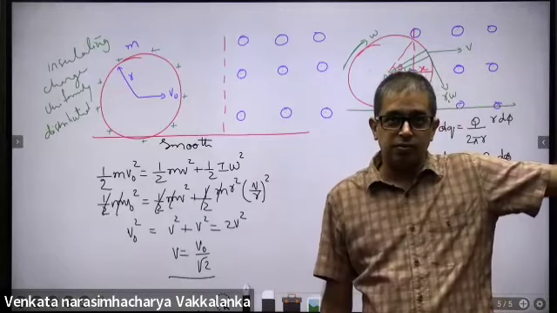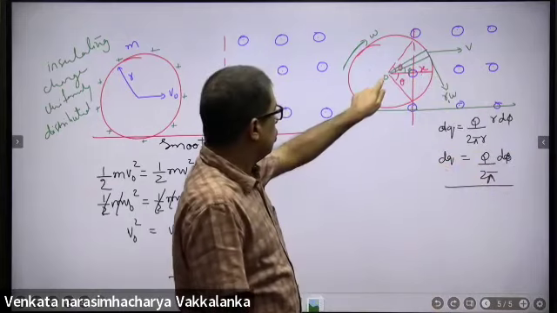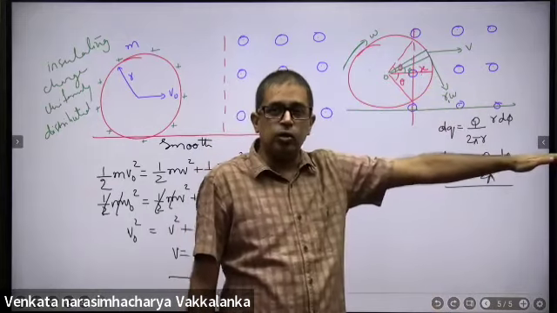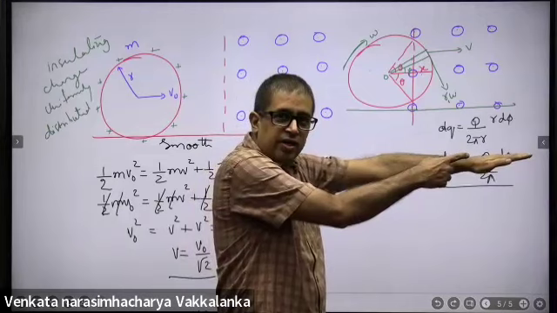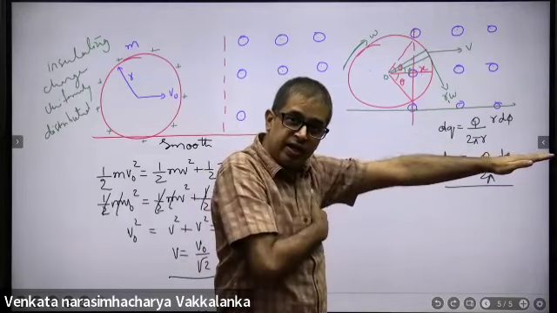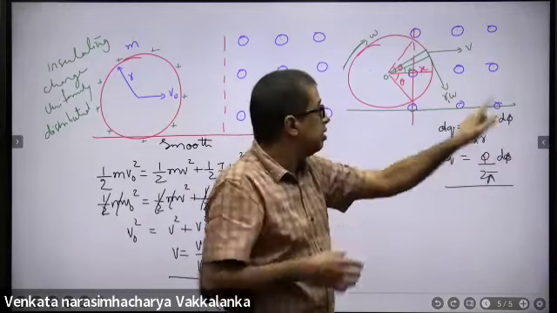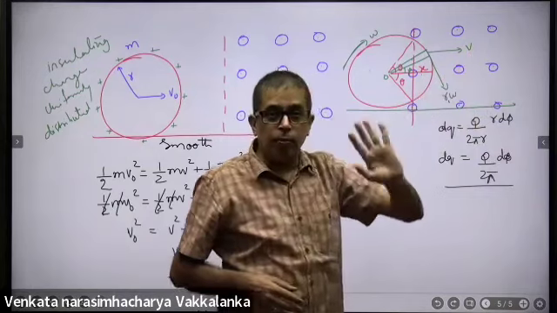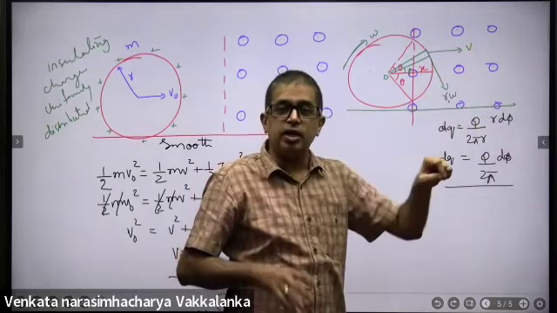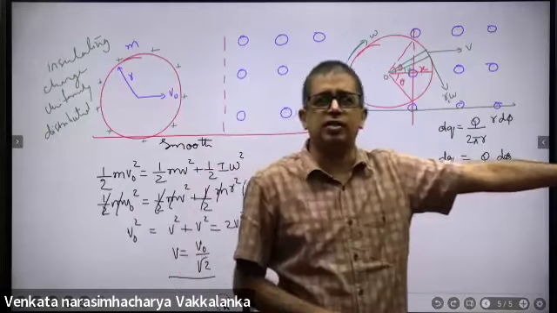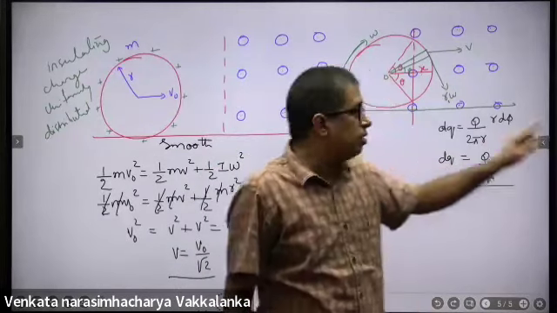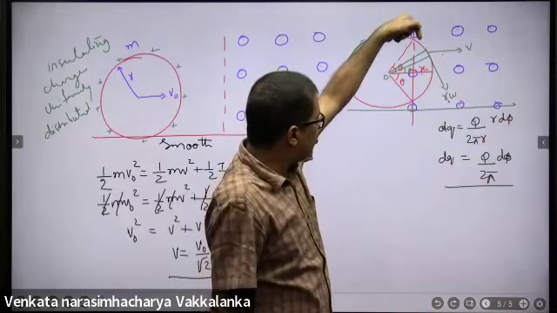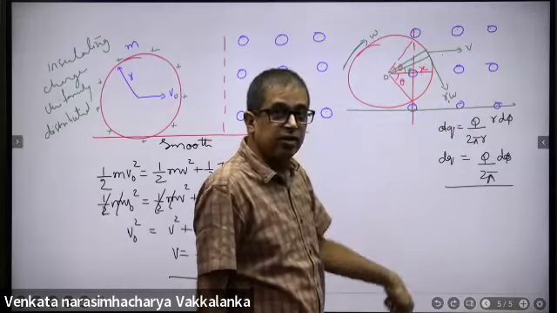X-axis? Yes, sir. So this velocity, if I want to calculate, I should calculate the acceleration in that direction, rather force in that direction. V component of the ring does not give me any force along the x-axis. This component will give me force along the negative y-axis.